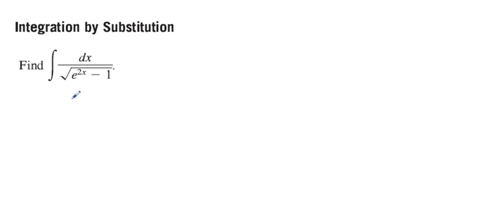So let's rewrite. So that'd be our u then. Our u will be e to the x power. That means du equals e to the x dx. That means dx is 1 over e to the x power du.